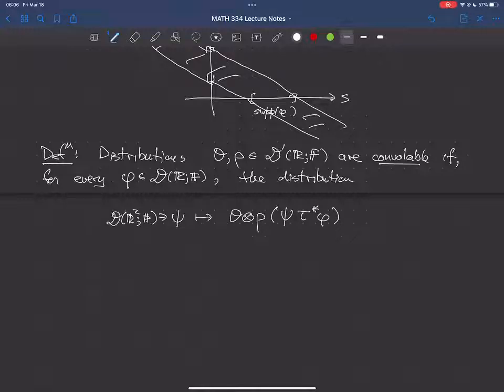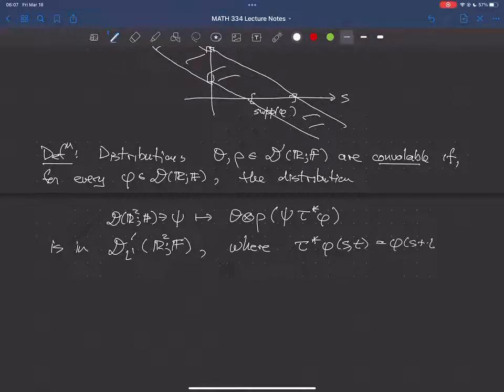First, let me finish the words here. The distribution like this is in D prime L1 R2, where tau star phi of S and T is phi of S plus T.